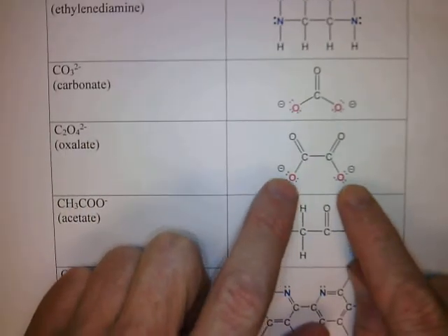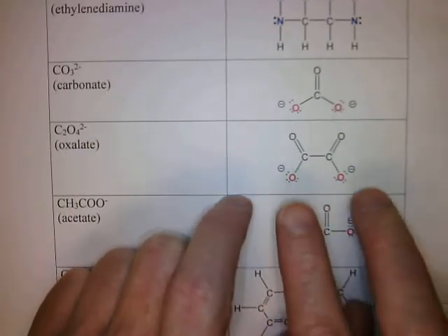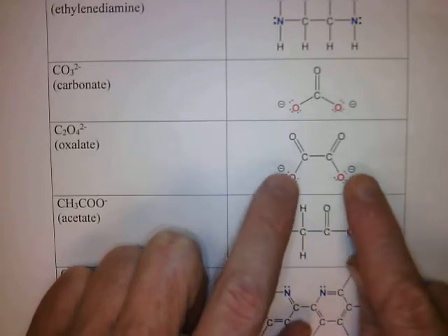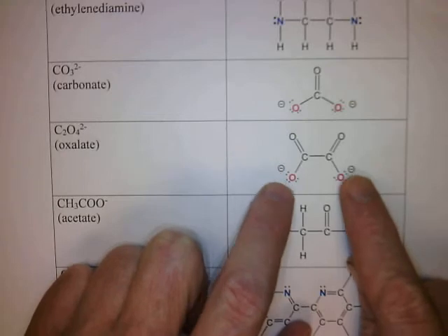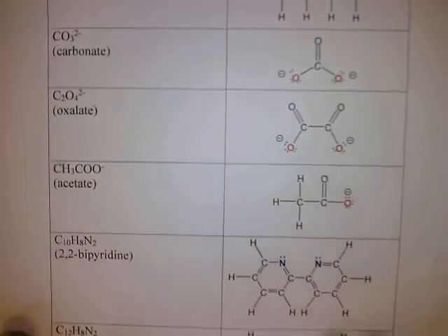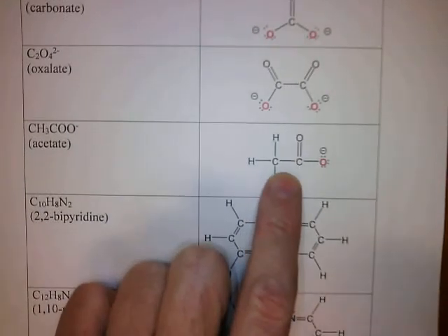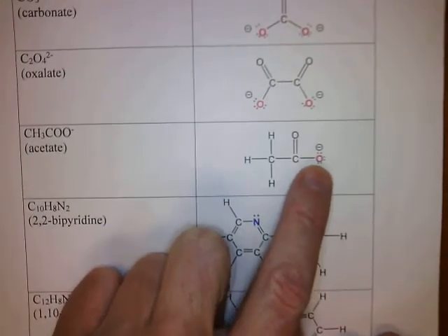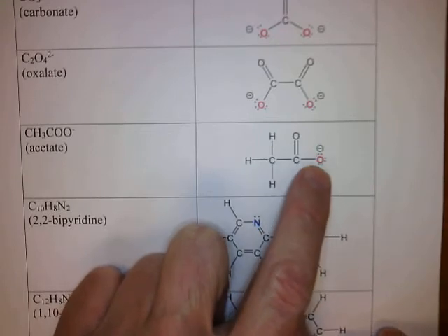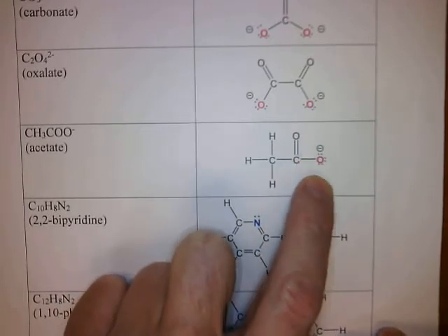Another very common bidentate ligand. We have 2 oxygens here with multiple unshared pairs on them, -1 formal charges. That's the way it would coordinate, through those 2 oxygens. Acetate is another common example. You have an oxygen there with unshared electron pairs and a negative formal charge.